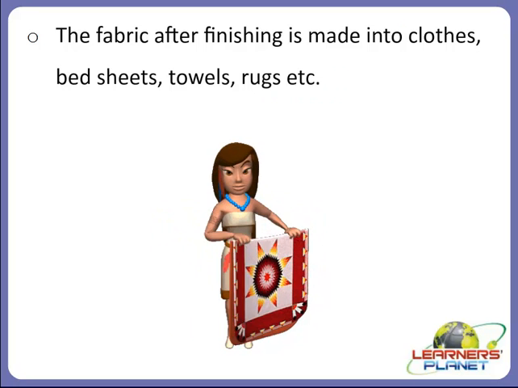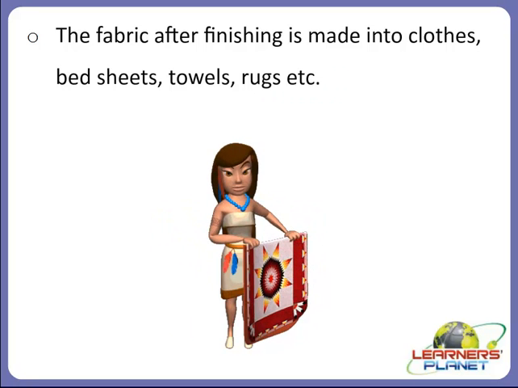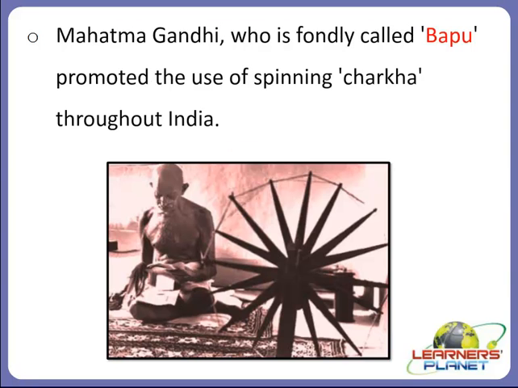Now I want to discuss one more interesting thing with you. And that is about Mahatma Gandhi, father of our nation, who is fondly called Bapu, who promoted the use of the spinning charkha throughout India. Right? As we discussed, the charkha is the spindle, which is used for spinning.